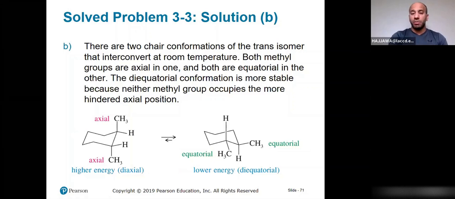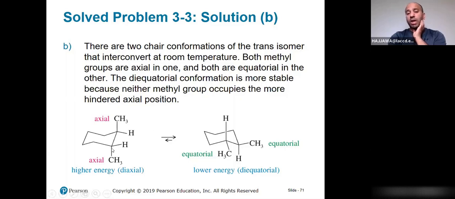Here is another disubstituted example, where you're going to have the trans-dimethyl on carbon number 1 and carbon number 2. One is going to be axial and the other one is going to be axial. The equatorial positioned one will be the structure resulting from the ring flip of the first. If this is axial up in the first one, it's going to have to go equatorial up in the second.